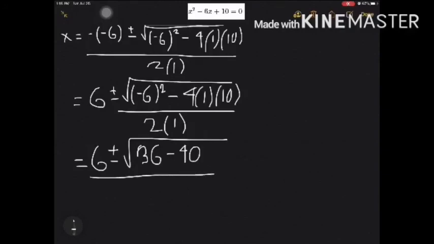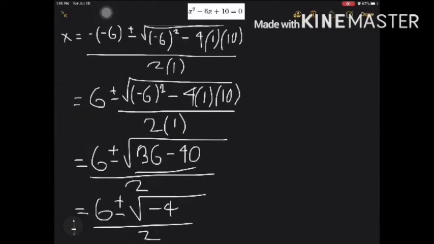And 2 times 1 is 2. Now we're going to find the difference of our discriminant. So 36 minus 40 will be negative 4 over 2. Now, since our discriminant is negative, we know that our equation has two distinct non-real roots.